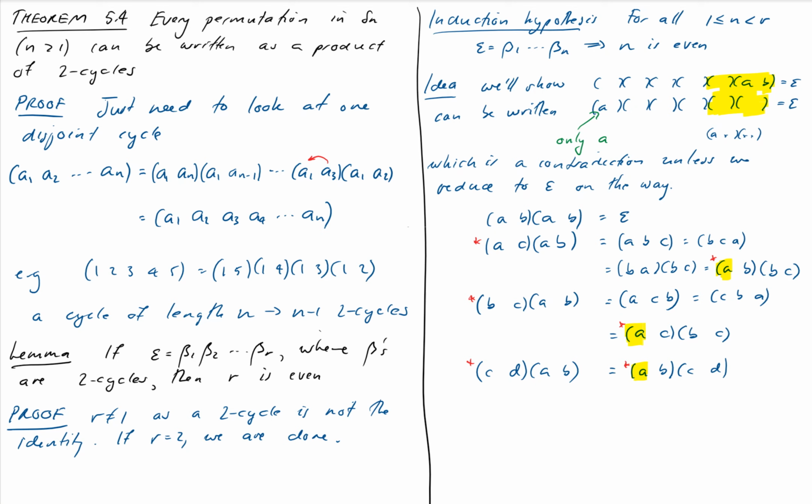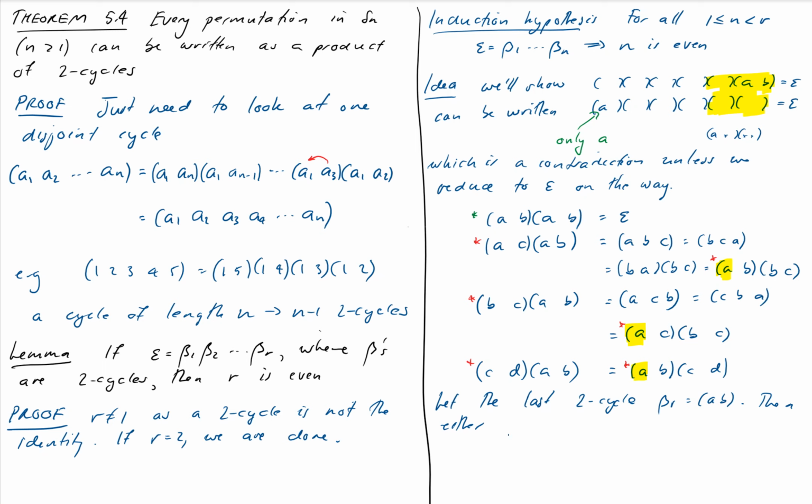we'll let the last 2 cycle, beta R, be equal to AB. Then it's either one of 2 things. Our first case is that those last 2 are the same thing and it's the identity.